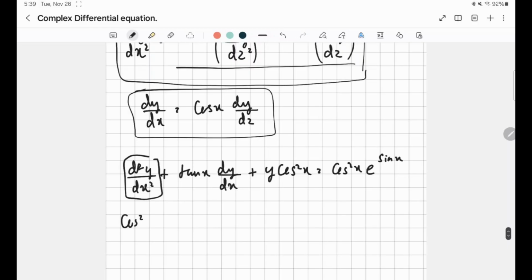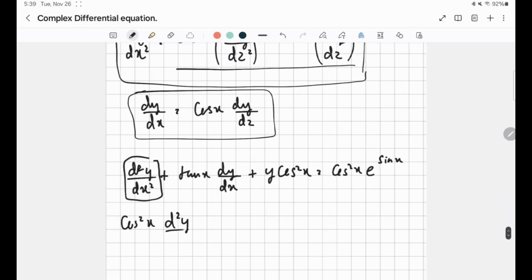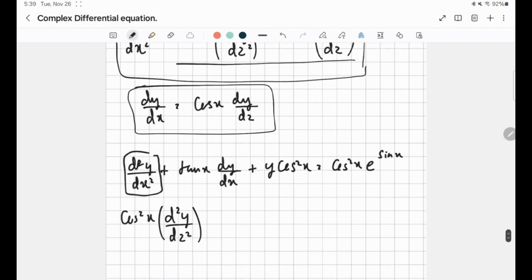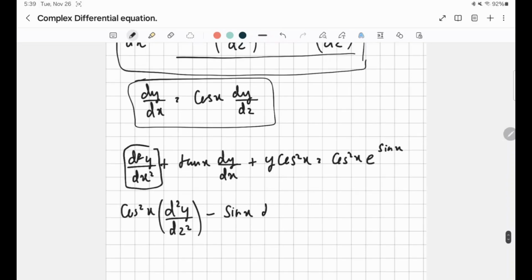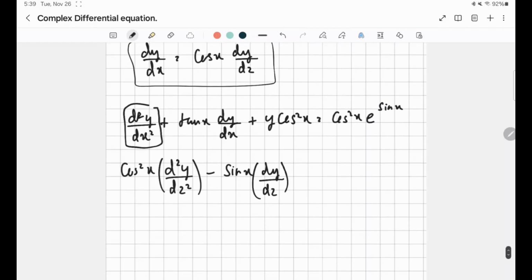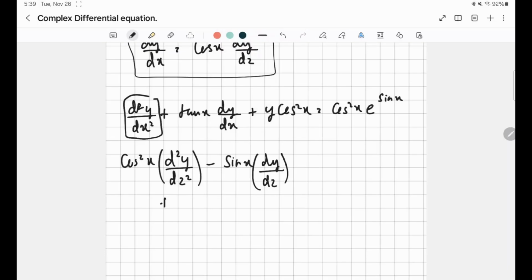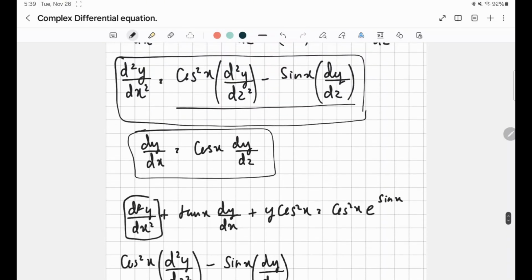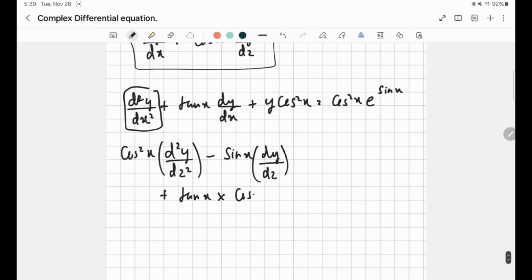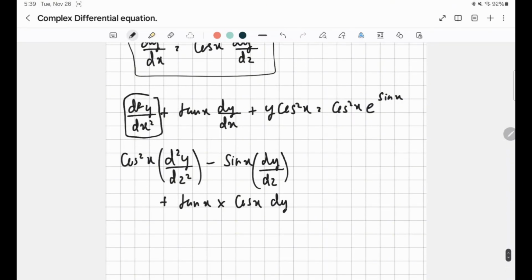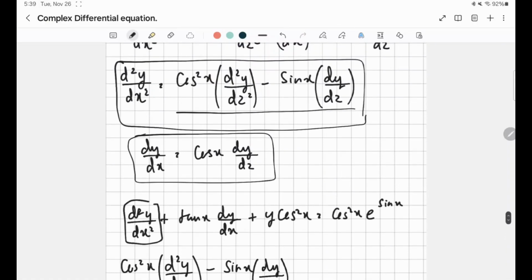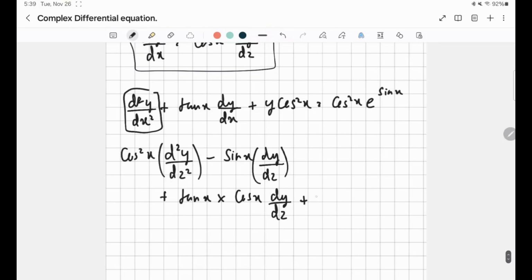So you write cos squared x times the second derivative minus sin x dy over dz, plus tan x times the first derivative, which is cos x dy over dz, plus y cos squared x equals cos squared x e to the power sin x. Just leave it like that.